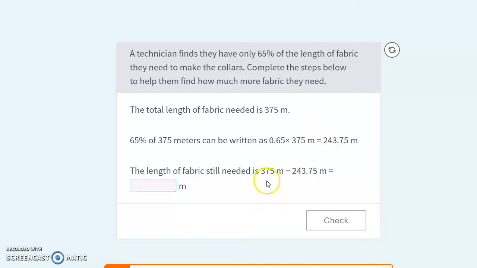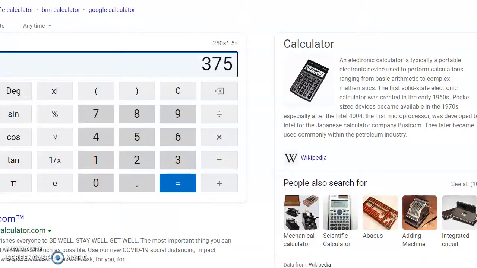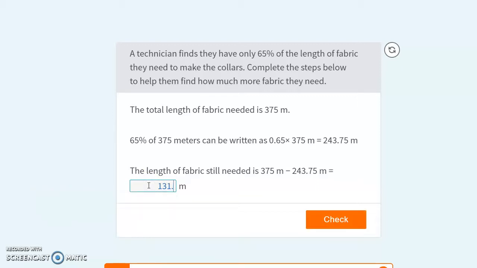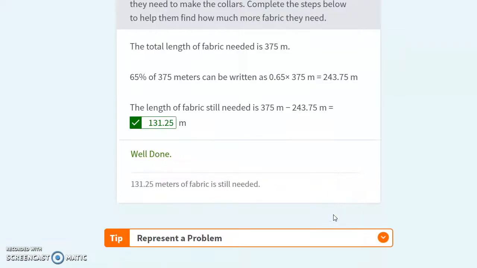So to find out what's left over, they're going to have to subtract 243.75 from 375. 375 minus 243.75. In subtracting that, we got 131.25, also known as 131 and 25 hundredths of meters that we need.